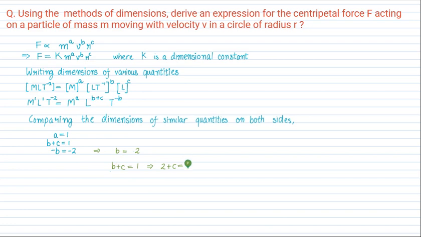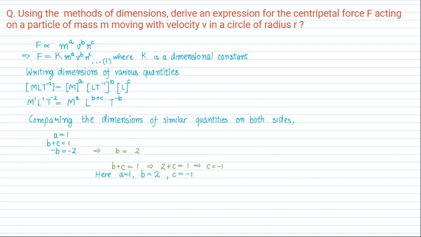Now I can send this 2 to the other side, where it becomes minus 2. Therefore, c is 1 minus 2, which is minus 1. Therefore, the value of c is minus 1, the value of b is 2, and the value of a is 1.